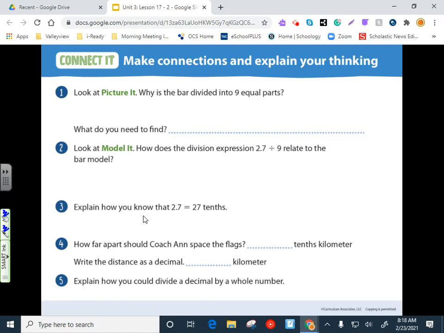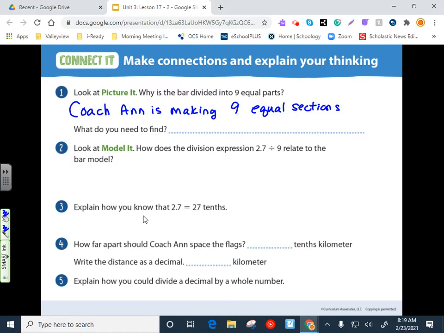Let's go over the notes. Number 1, why is the bar divided into 9 equal parts? So Coach Ann is making 9 equal sections to the race.